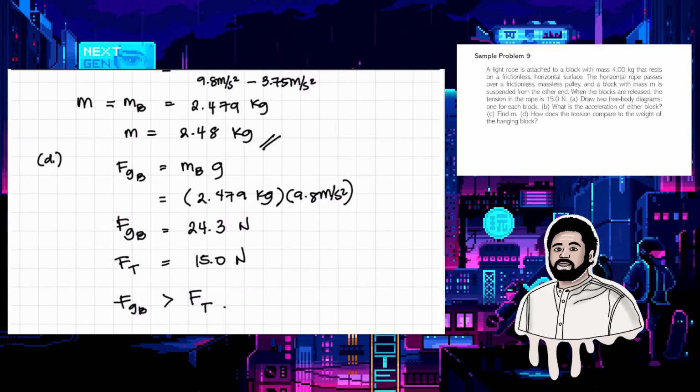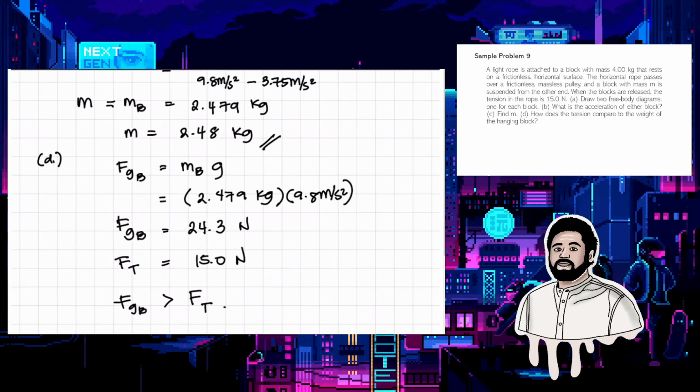So it will have to go downwards, because if you get the net force, you have positive 15 minus 24.3, you'll get a negative net force. Negative net force means you have a negative direction for your acceleration, so it is going downward.